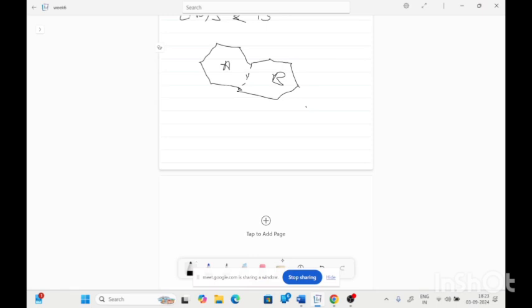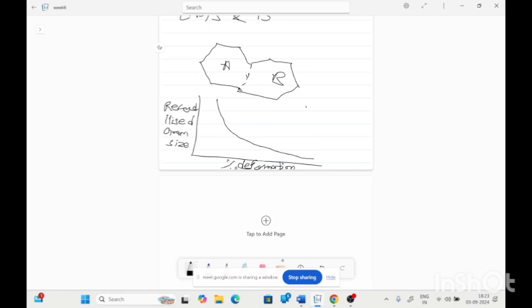So if we make a graph between recrystallized grain size and the percent deformation, the curve of this will look like this.